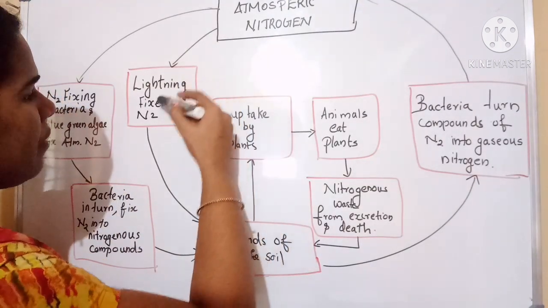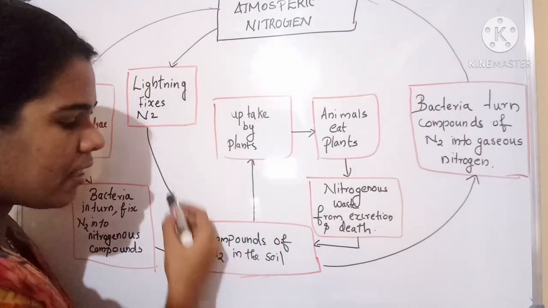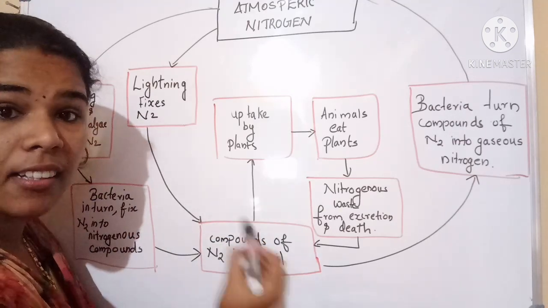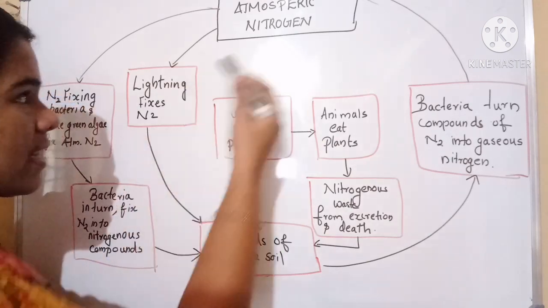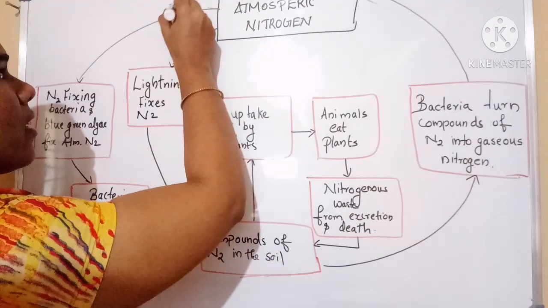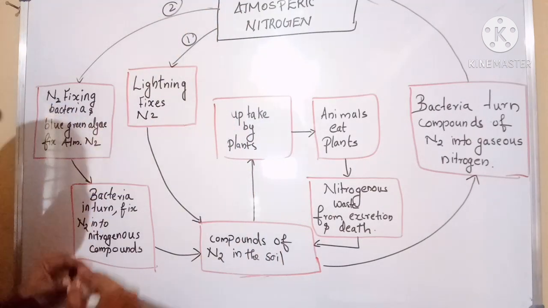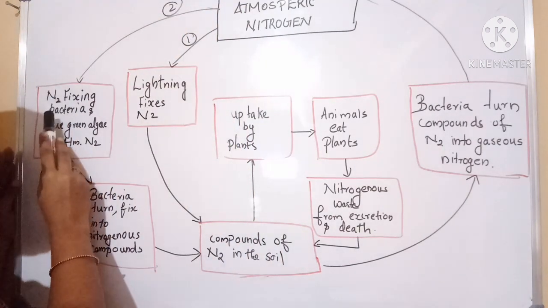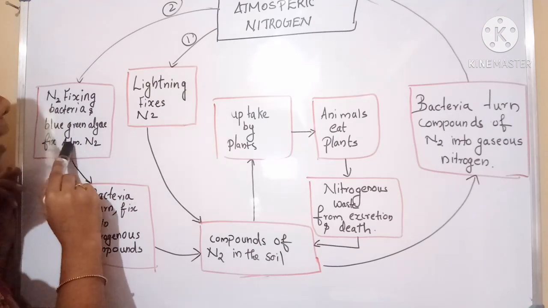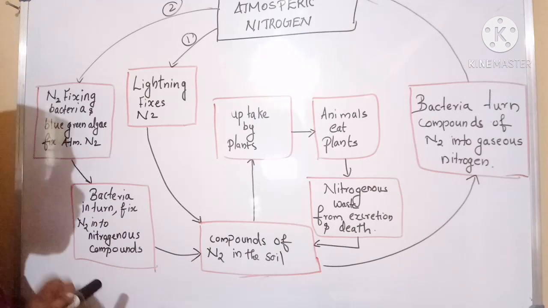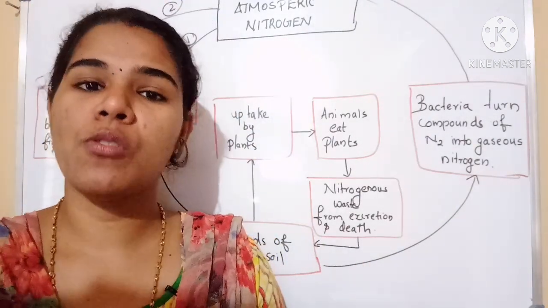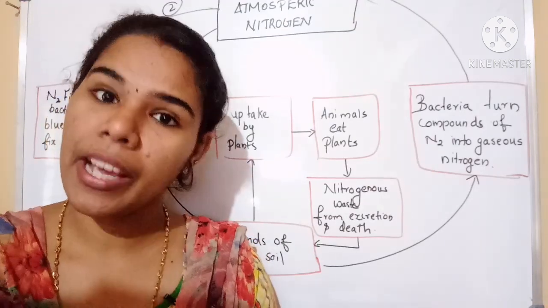And the second one is what? The nitrogen fixing bacteria and blue-green algae fix atmospheric nitrogen. So not rhizobium only, other bacteria are also involved in the fixation of nitrogen.